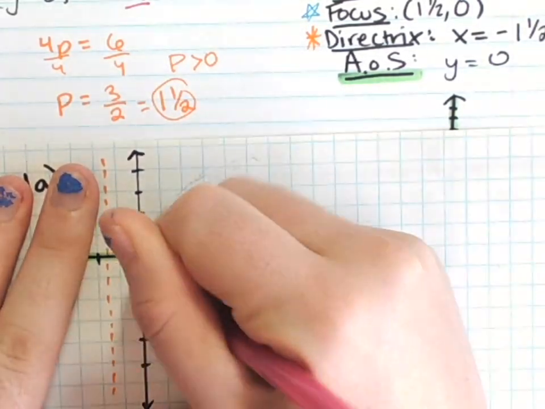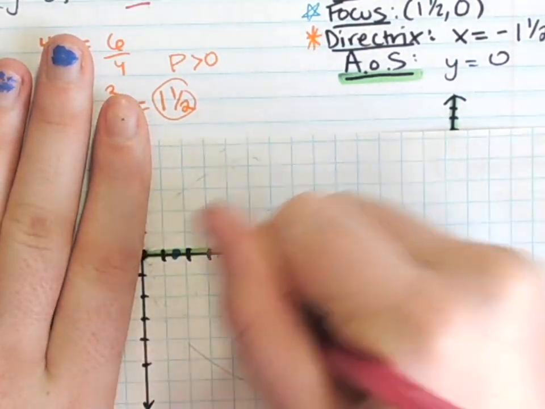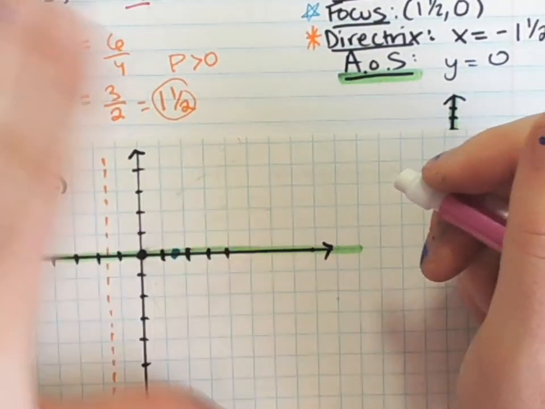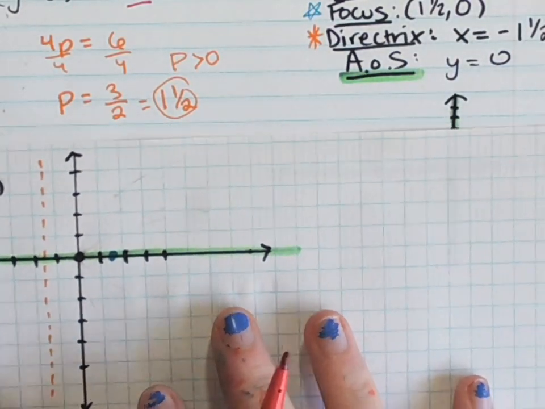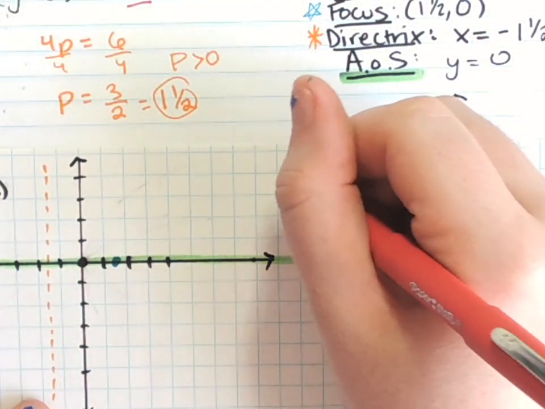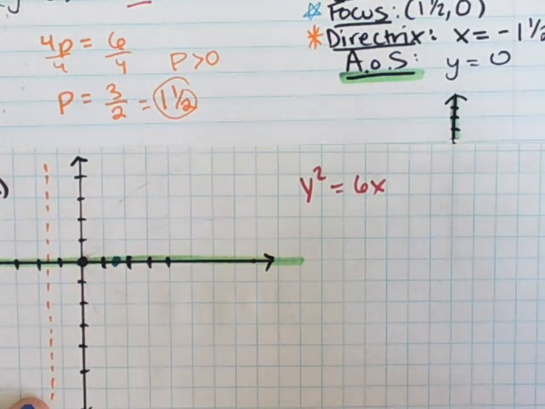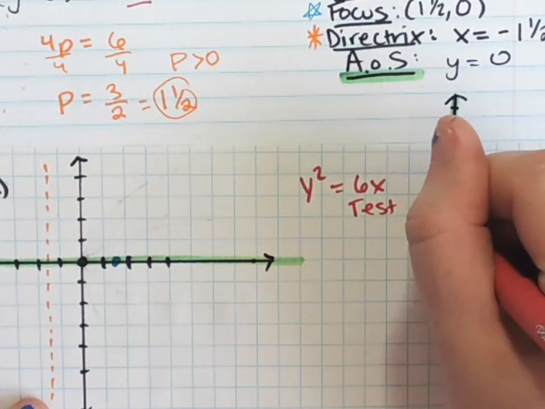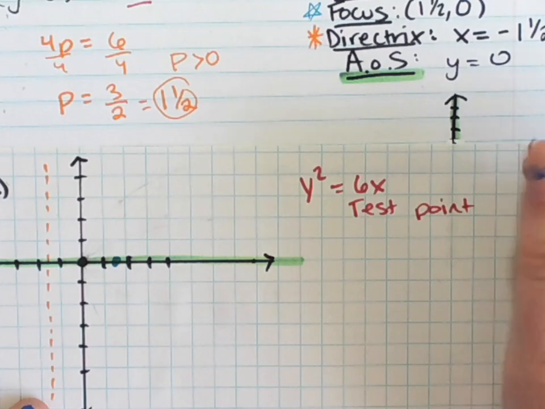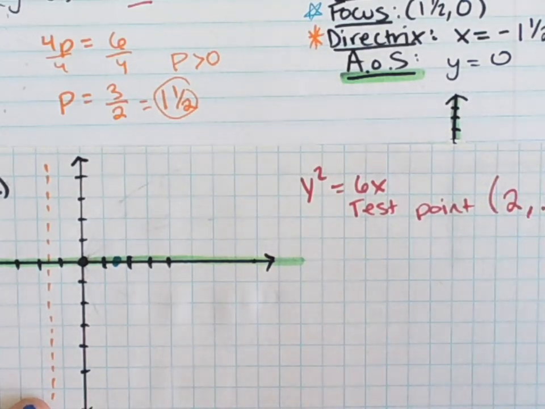We could pick any point we want. Sometimes I put in x values, sometimes I put in y's. It doesn't really matter, whatever you feel is easiest for yourself. So let's say if my equation is y squared equals 6x, that was the original equation, and I wanted to do a test point at 2 comma something.